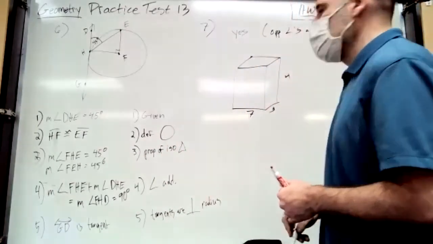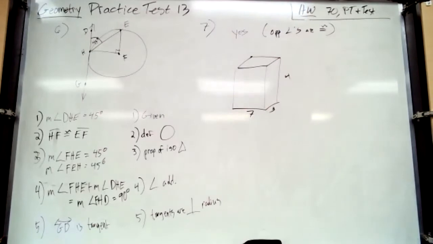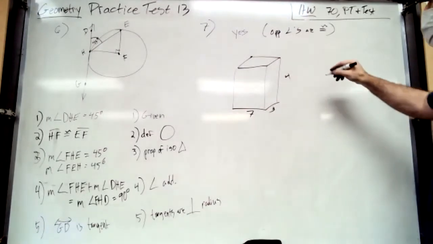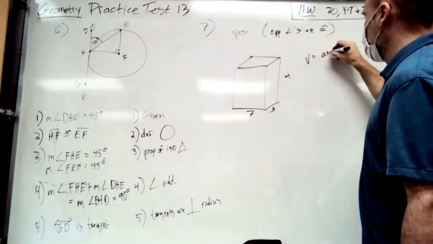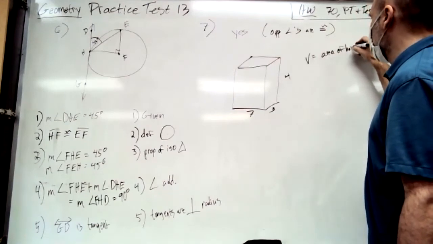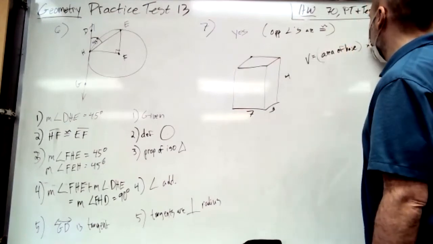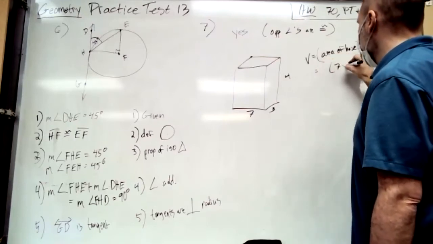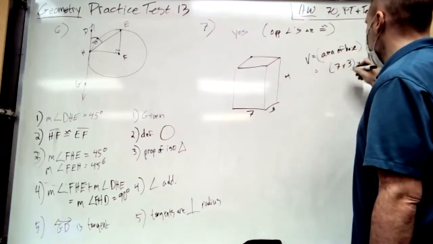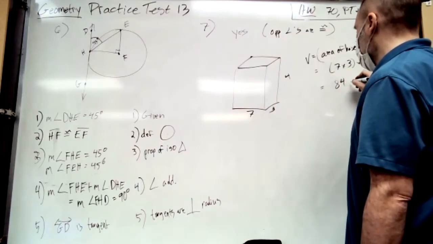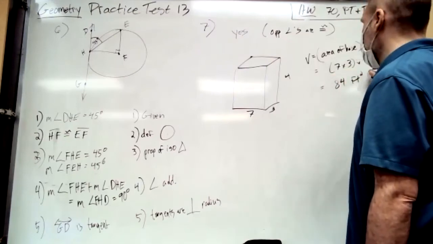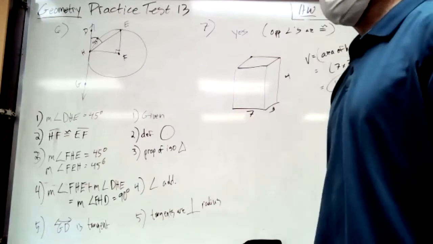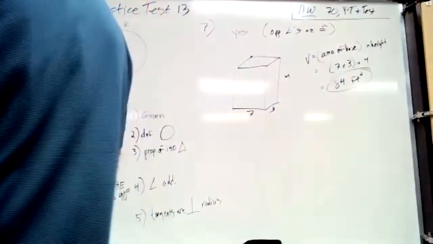So how do you find the volume? Area of base times height, right? So 7 times 3 is 21, times 4. That's 84 cubic feet.